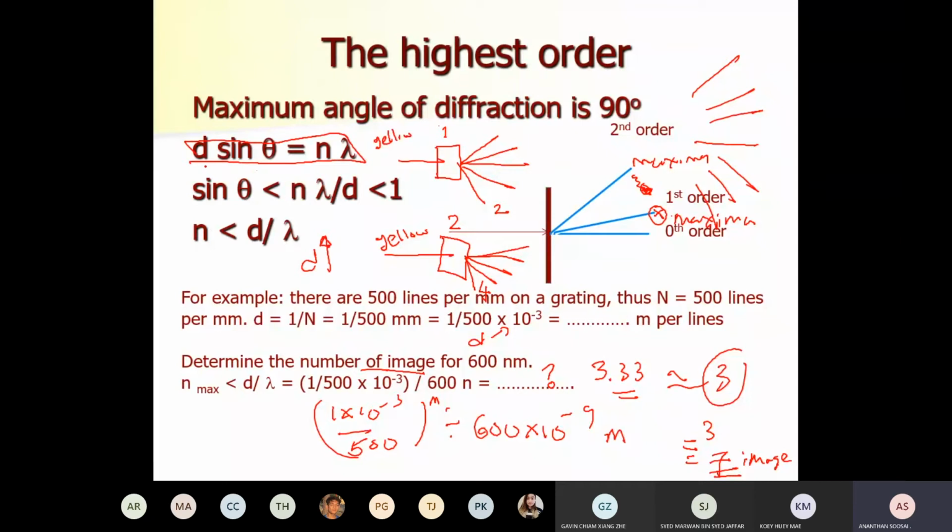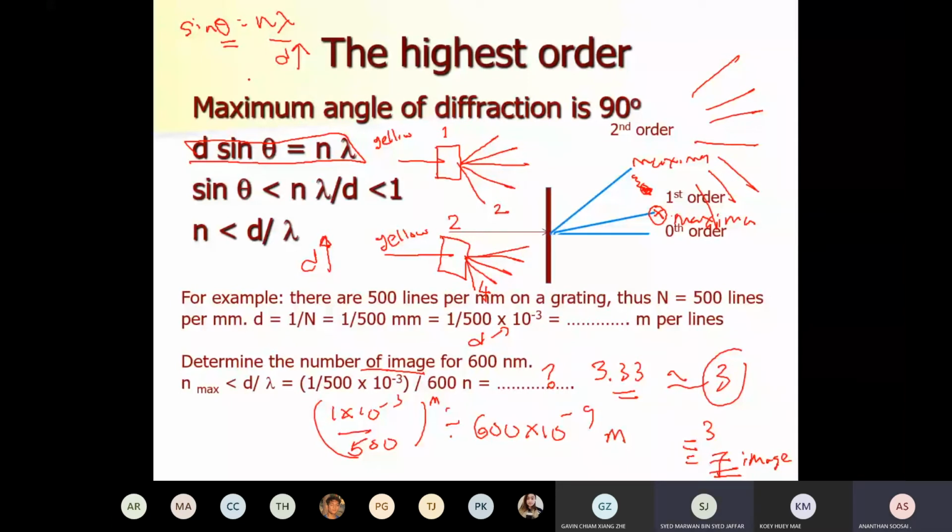When D gets greater, what happens to the angle for the first order? The sine theta is n lambda over D, right? When D gets greater, what happens to the angle?